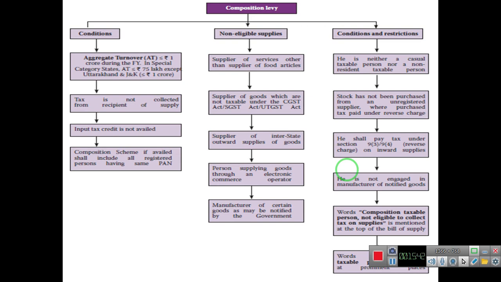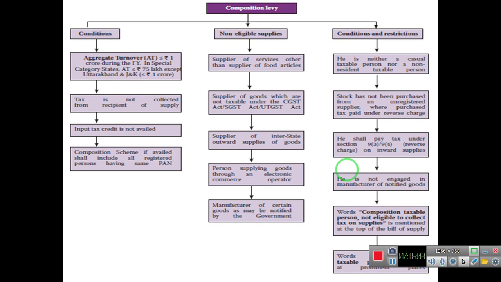There are some restrictions related to composition scheme. First, the registered person should neither be a casual taxable person nor a non-resident taxable person. He should not purchase stock from any unregistered supplier.